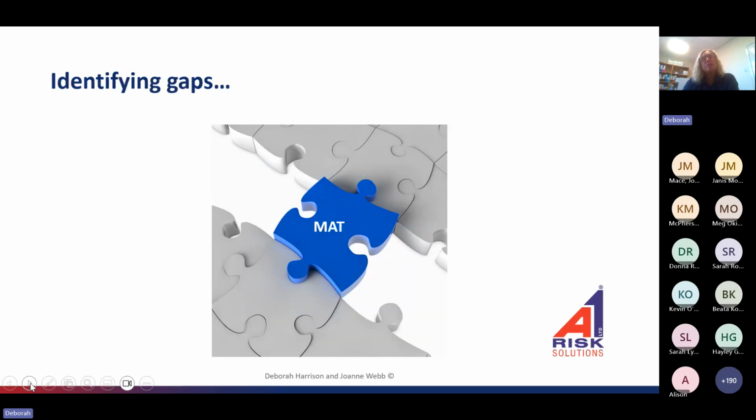I'll just briefly tell you why we did this. Back in 2017, myself and Joe Webb did a colossal piece of research exploring, prior to the mobility assessment tool, the barriers to the implementation of proportionate care.